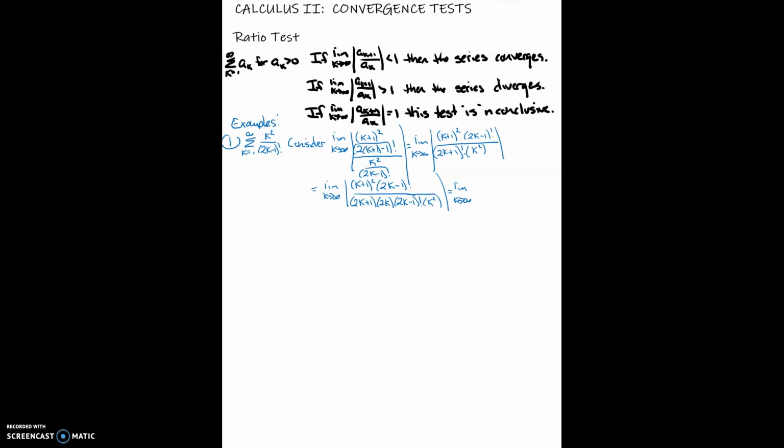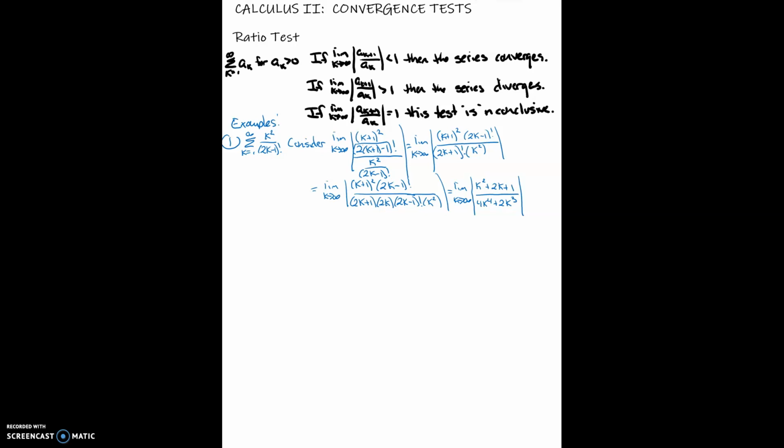Squaring that binomial, (k plus 1) squared gives us k squared plus 2k plus 1. The (2k minus 1) factorial cancels out. In the denominator, 2k times k squared is 2k cubed. Distributing that into the (2k plus 1) gives us 4k to the 4th plus 2k cubed.